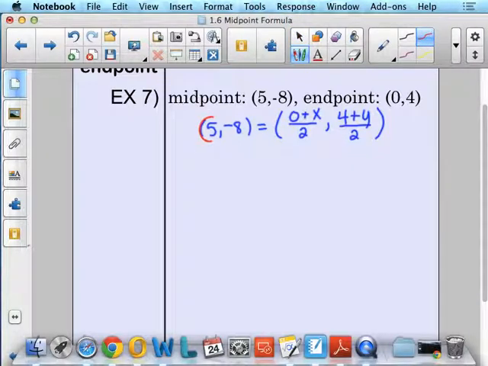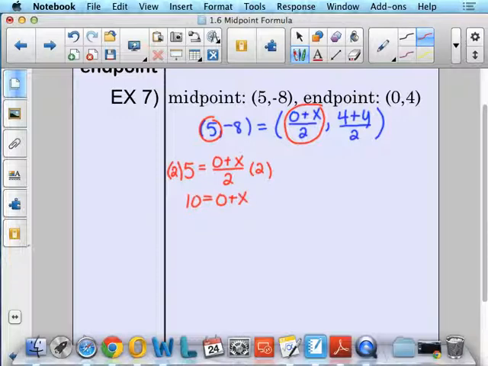Okay. So 5 and 0 plus x divided by 2 go together. And so if we multiply by 2, we get 10 is equal to 0 plus x. Remember, 0 plus anything is just itself, so we know that 10 is equal to x.